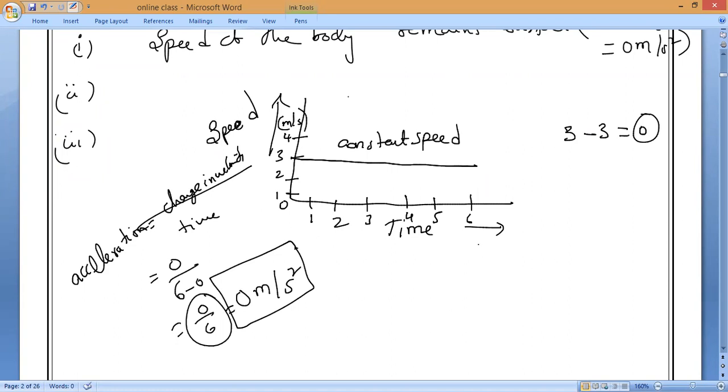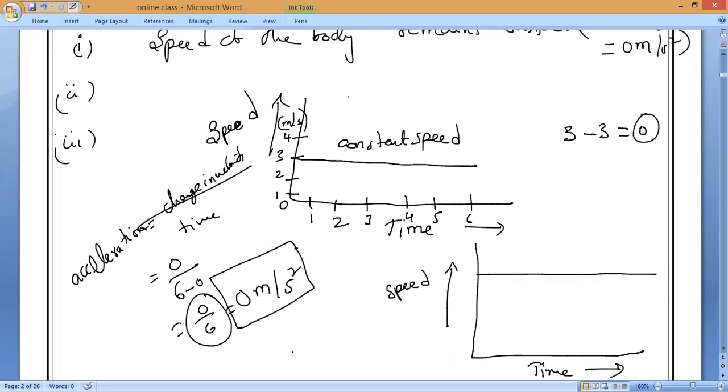So now, if the speed is constant with time, the graph will become constant. Keep it in mind always: constant means the line will come parallel to the x-axis.